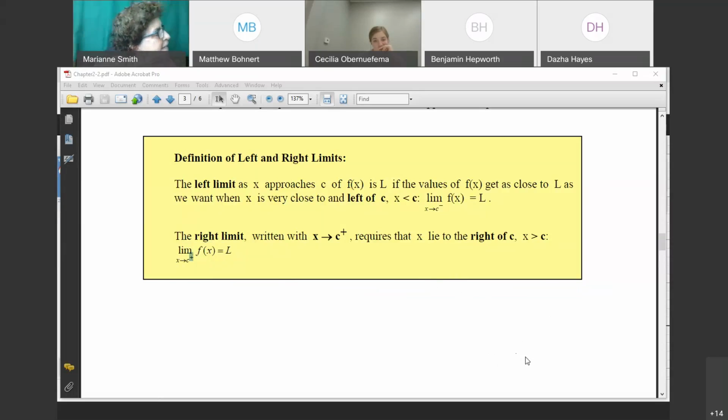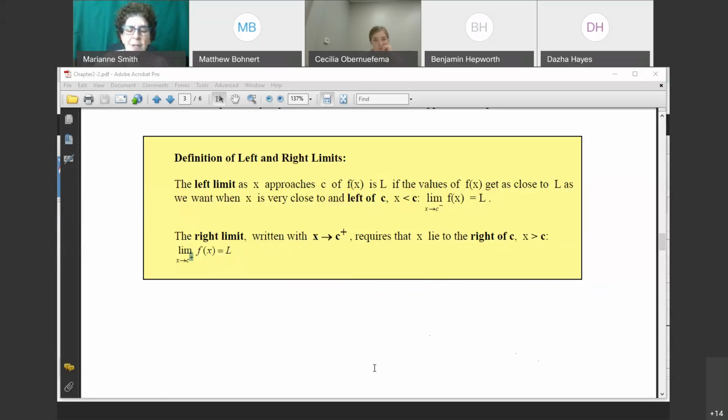Another thing you might be interested in is, as we've talked about rational functions with holes, what about a vertical asymptote?